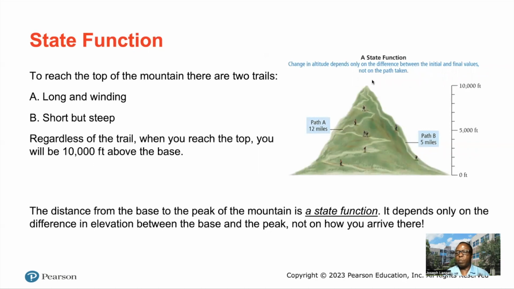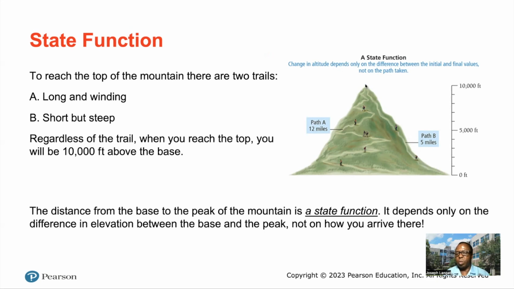The highest point of this mountain is 10,000. To get to this height, this altitude, it doesn't really matter if someone is meandering. You see how this path is just meandering? It takes about 12 miles, but you don't get tired walking this road because it's gradual. Let's say person A is going through this road.